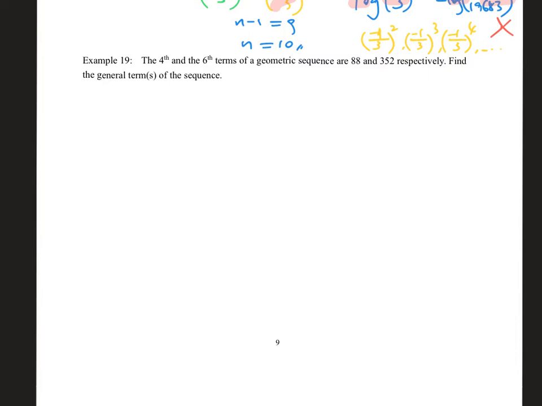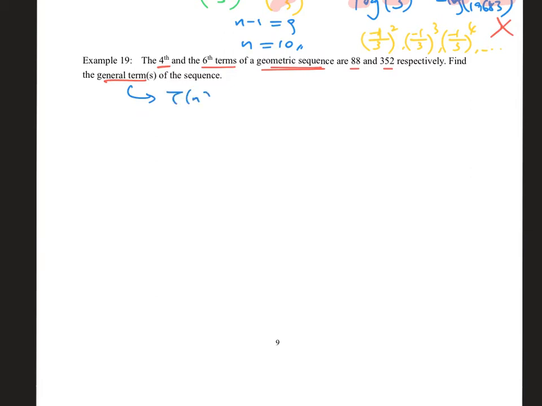In this question, I would like to share a trick or a little technique we will use quite often in dealing with GS. So let's read. The question tells you that the fourth term and sixth term of a GS are two numbers, 88 and 352 respectively, and you want to find the general term.